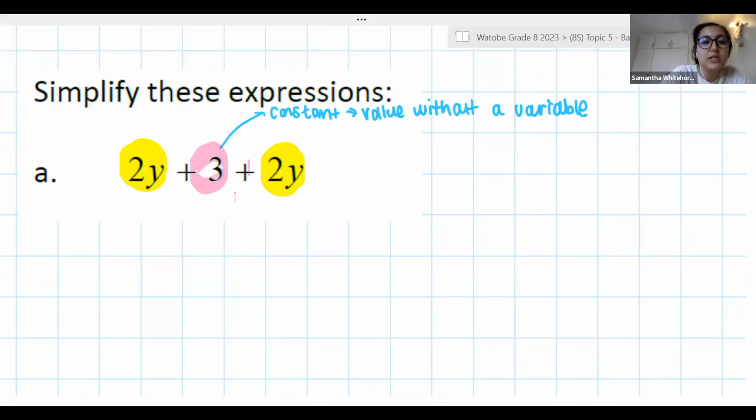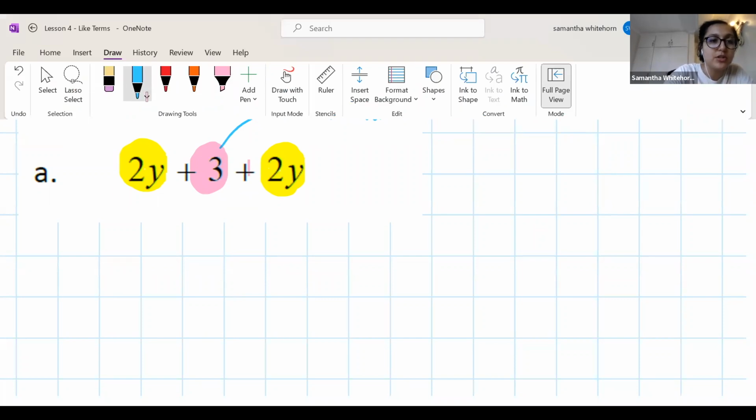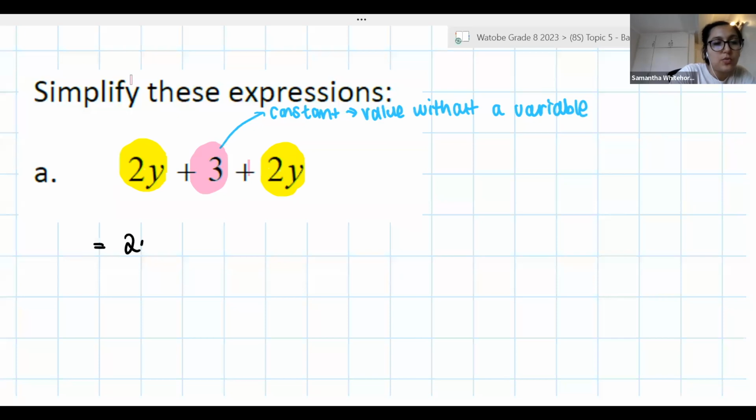And so this plus 3 is now a term or a group of terms all by itself. Now, some people like to group their like terms together, which is absolutely fine. So you could write your 2y plus 2y together, and then the plus 3 at the end to show that these are like terms and that is a separate term. That's absolutely fine.